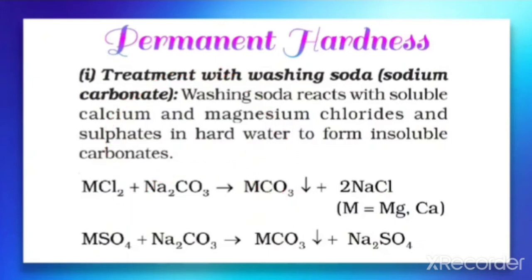When we filter it, this precipitate can be removed. Now the water is free from hardness, because the chlorides and sulfates of magnesium and calcium were responsible for the hardness. They are converted into carbonates, forming a precipitate which can be filtered out very easily.